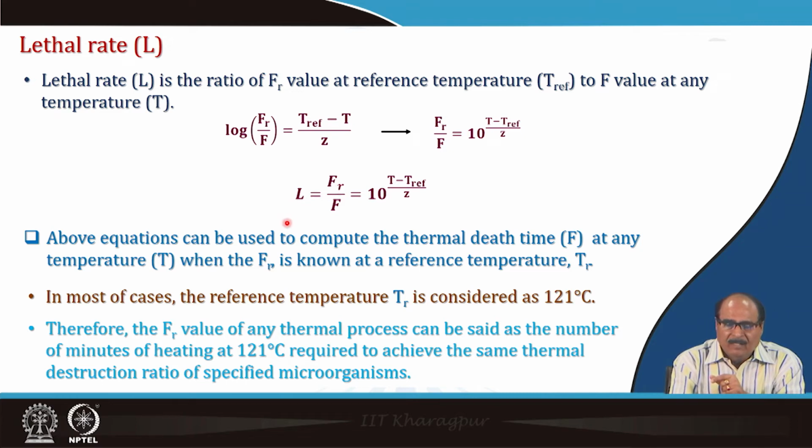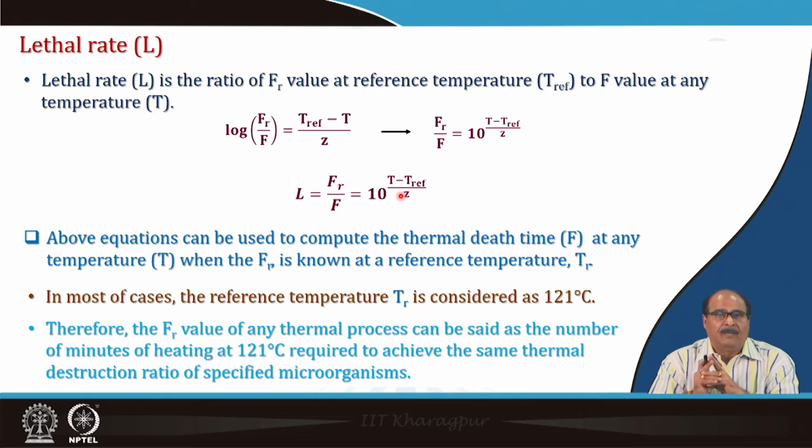Or L is equal to FR by F, or F equals FR times 10 to the power (T ref minus T) by Z. So, the above equation can be used to compute the thermal death time F at any temperature when FR is known at a reference temperature TR. In most cases, particularly for sterilization processes, the reference temperature TR is considered to be 121 degrees Celsius.